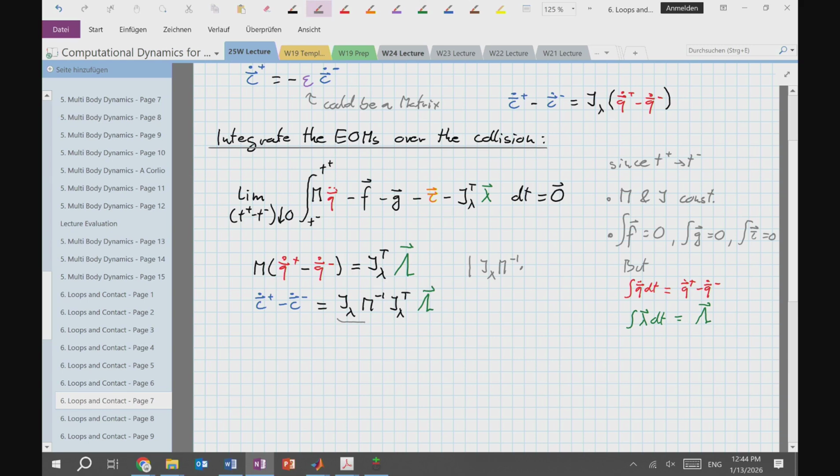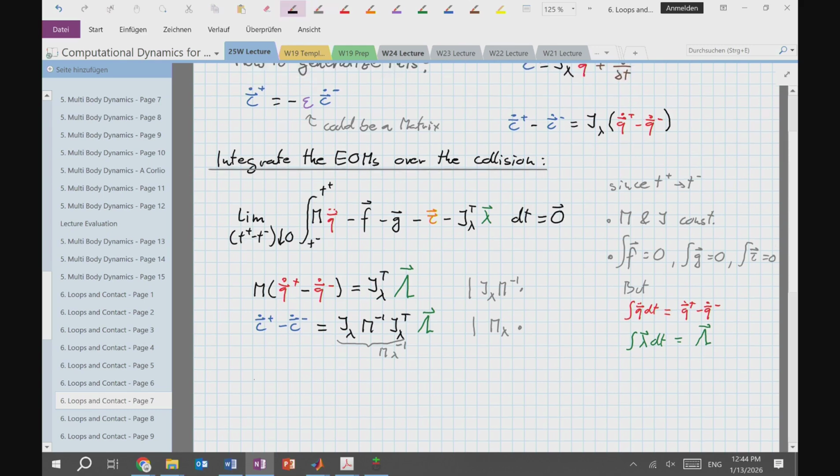And I give this a name. I call this m lambda inverse, and I multiply from the left with m lambda.